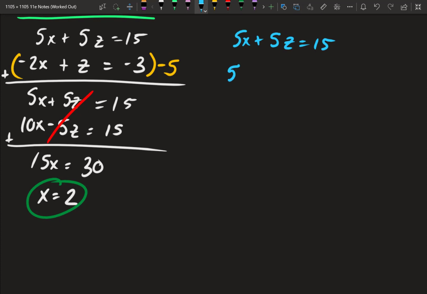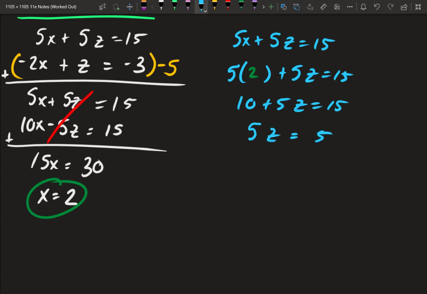We have 5x plus 5z equals 15, and the x we're plugging in is 2. So we simplify to get 10 plus 5z equals 15. I'm going to subtract 10 from both sides to get 5z equals 5. Divide by 5 to get z equals 1.